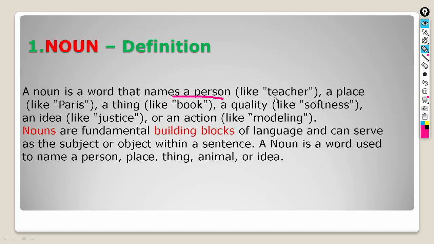Nouns are called the fundamental building blocks of a language and can serve as the subject or object within a sentence. That means in a sentence, the noun may act either as subject or as an object. Noun is a word used to name a person, a place, a thing, an animal, or idea. Am I correct? So let us continue.